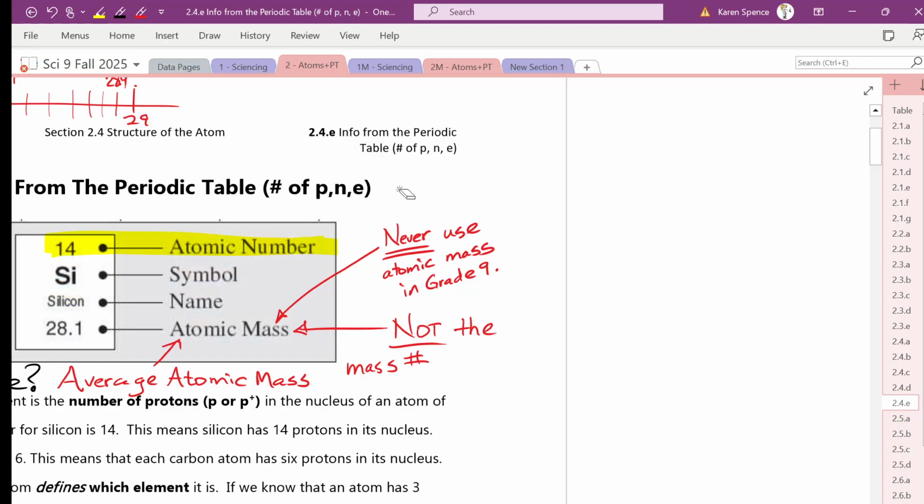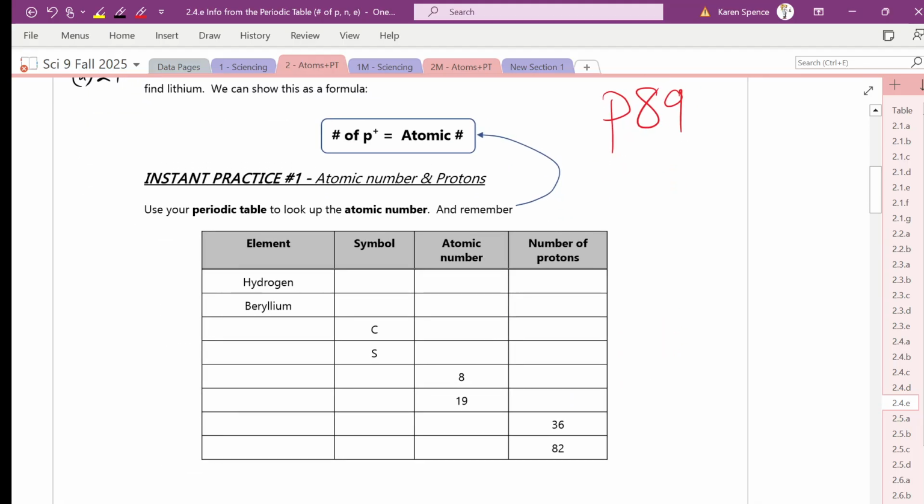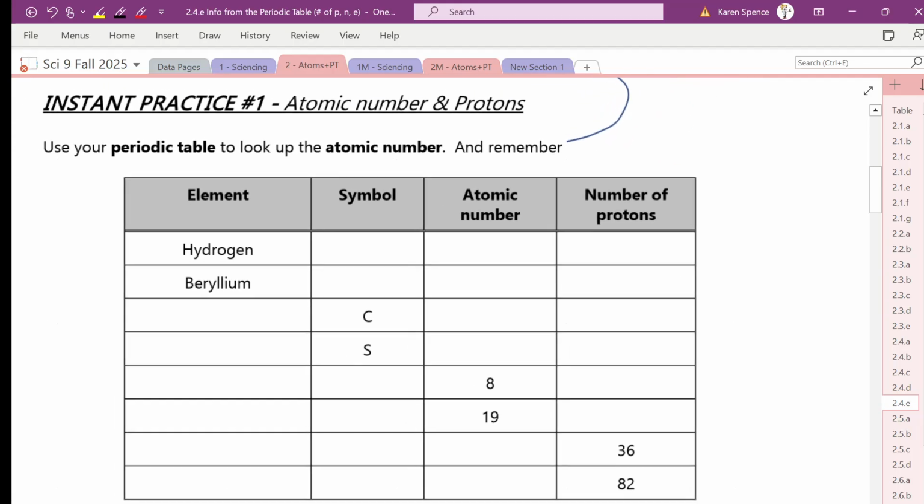Okay, so let's look at our first table here. Let's try our first one together. Hydrogen. Please find the symbol for hydrogen. Hydrogen is H. What is its atomic number? 1.